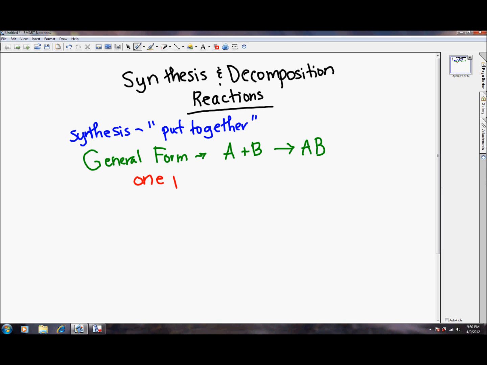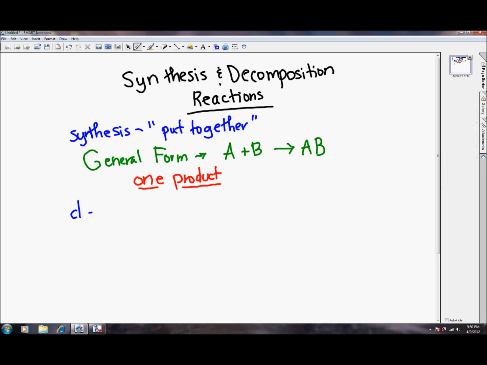So the key to recognizing a synthesis reaction is that it has one product. Now you can have more than one reactant, although that's not quite as common as seeing two reactants come together to form one single product.